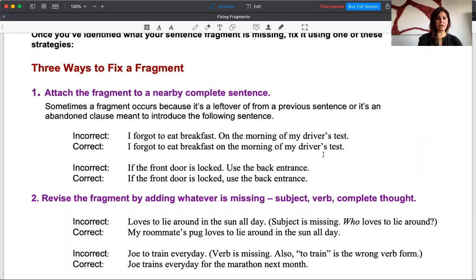It is teaching you how you can add connectors to avoid fragments. I can combine them by saying, I forgot to eat breakfast on the morning of my driver's test. In this case, you didn't need any connector. You can connect these two sentences to make complete ideas, not to have the fragment. It is incorrect if I say, if the front door is locked, use the back entrance. I can combine them with a comma in between to avoid fragments.